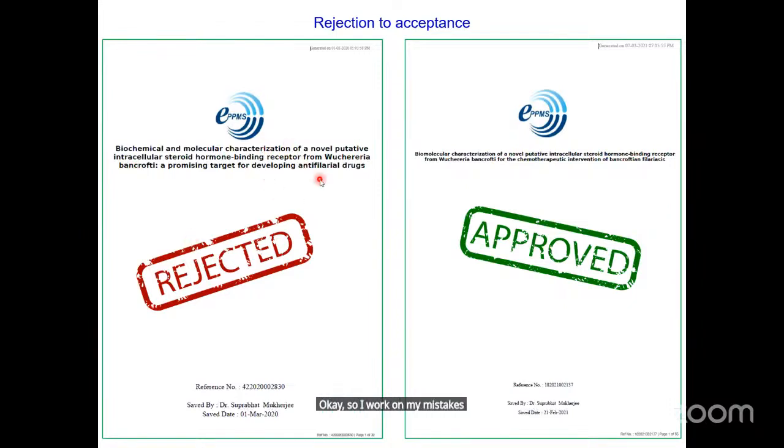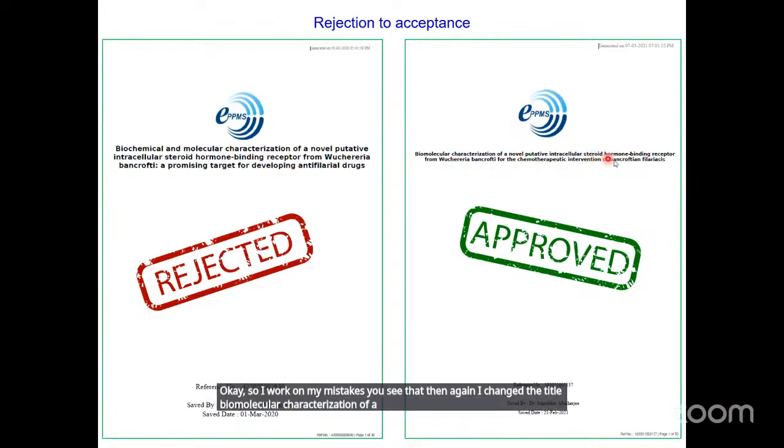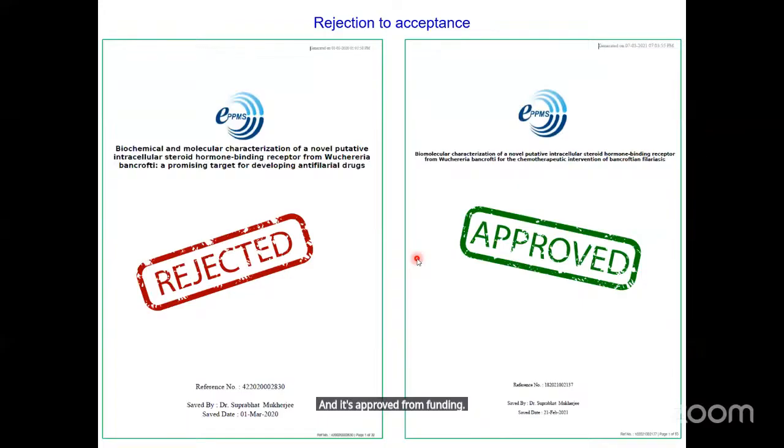You see that then again I changed the title: Biomolecular Characterization of a Novel Putative Steroid Hormone Binding Receptor from Wuchereria bancrofti for the chemotherapeutic intervention of Bancroftian filariasis. After almost 1 year, on 21st February 2021, it was approved for funding. And this funding agency was the same, ACRB. Okay.